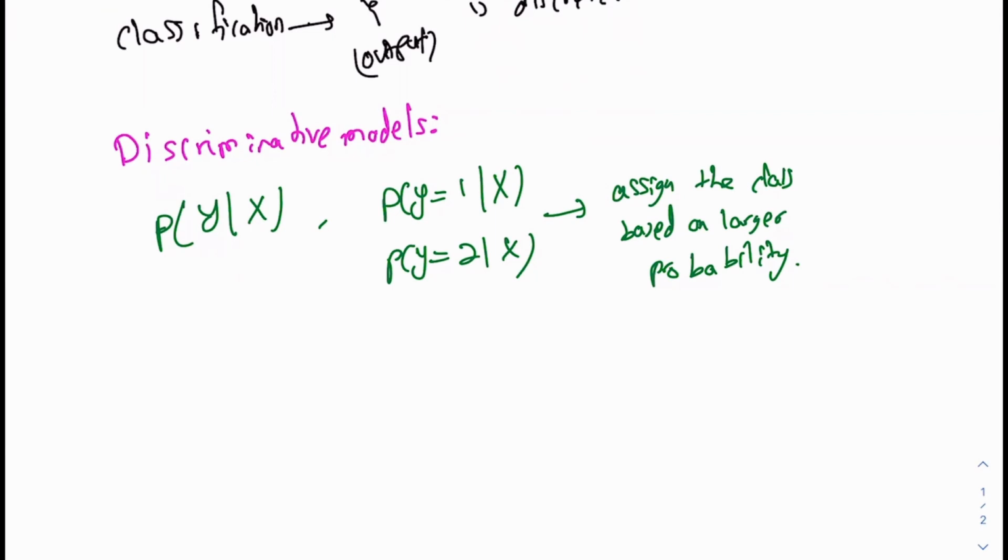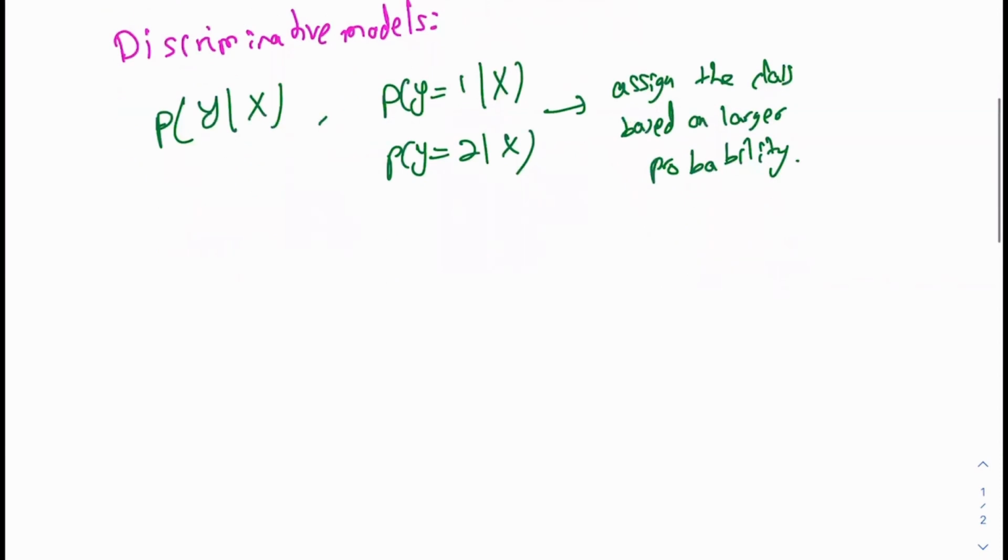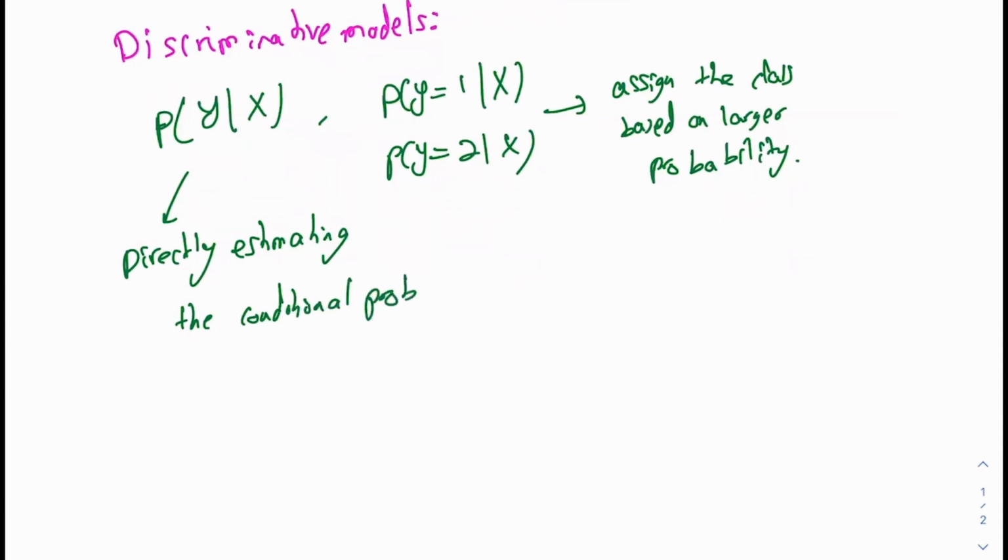Some people call discriminative models efficient. Why? Because in classification or prediction, what I am looking for is the probability of Y given X, so I'm directly estimating what I want. Many people say this is efficient modeling: directly estimating the conditional probability.